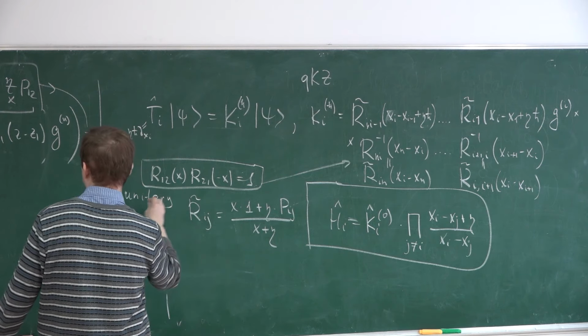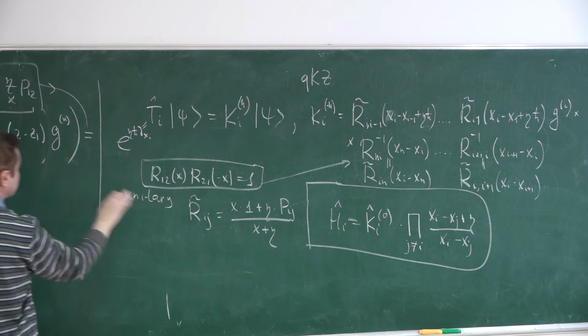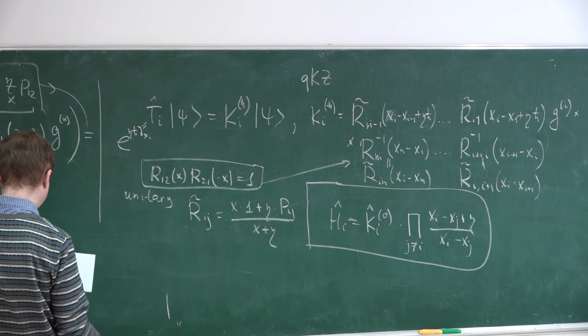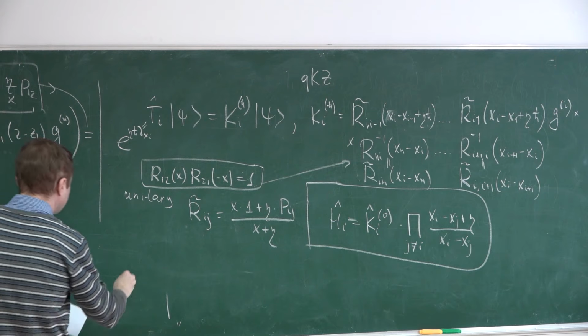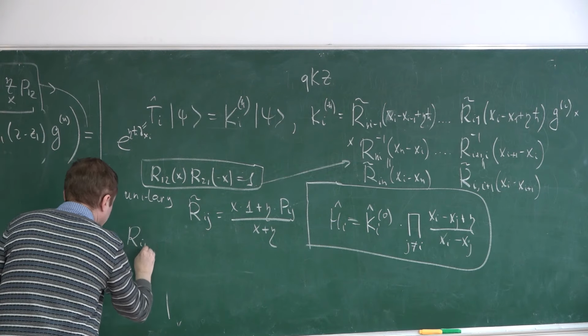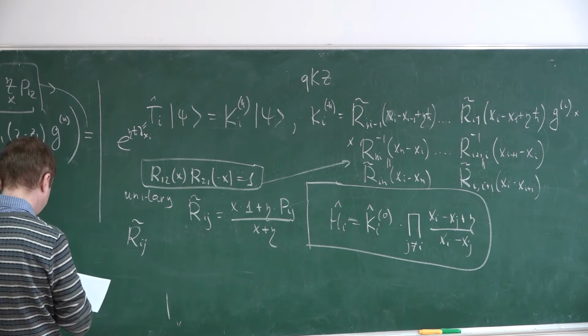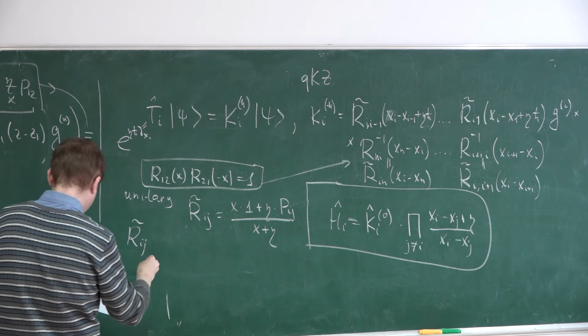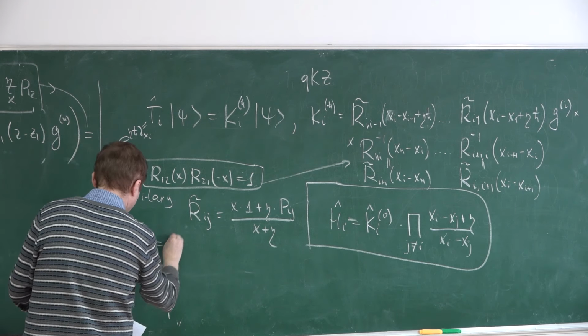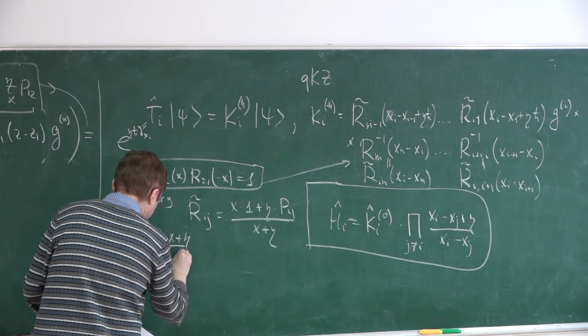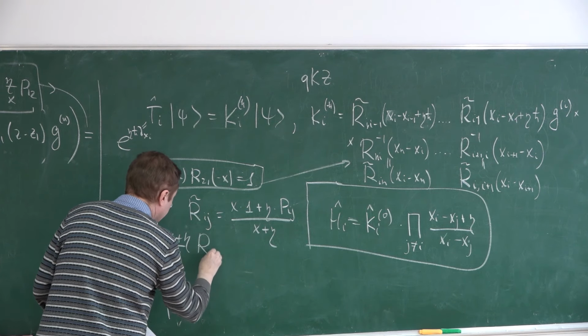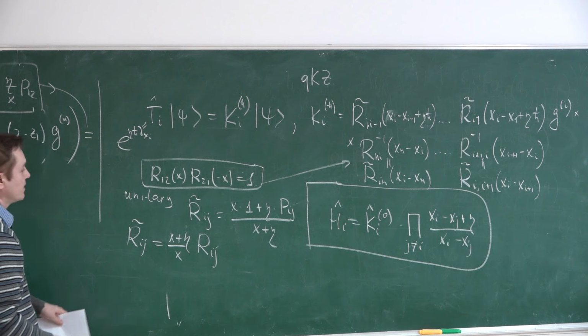It has a different normalization, and they are related by a simple relation: Rij tilde is equal to (x plus eta) divided by x times Rij.